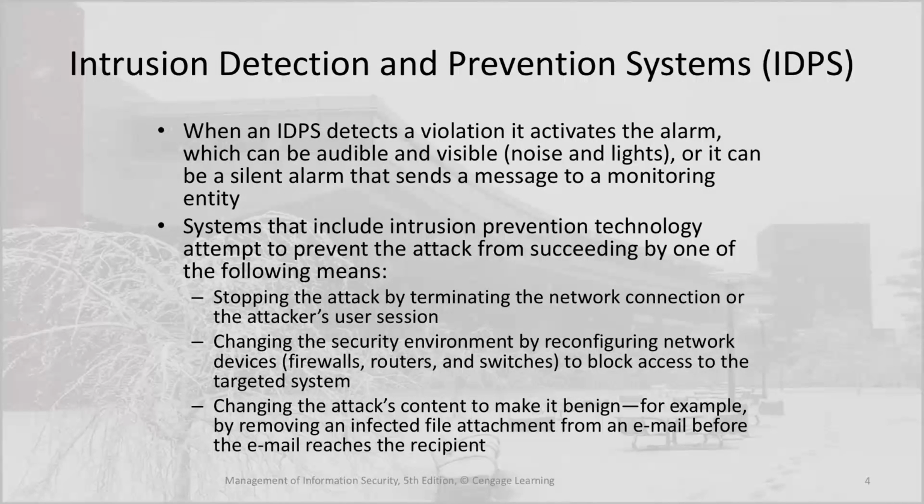B. Changing the security environment by reconfiguring network devices to block access to the targeted system. Or C. Changing the attack's content to make it benign, for example, by removing an infected file attachment from an email before the email reaches the recipient.